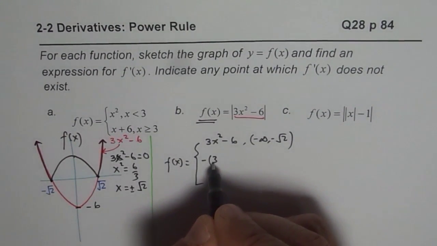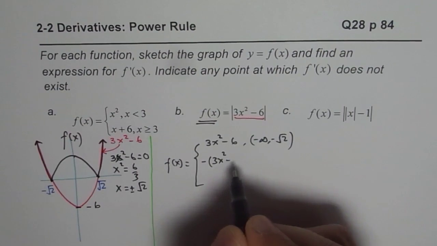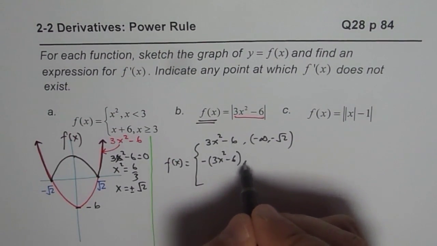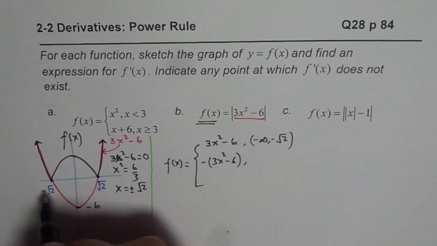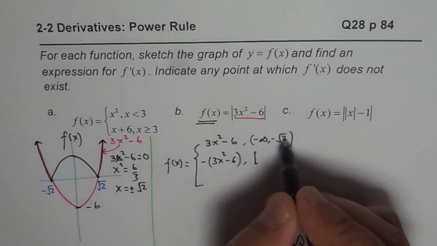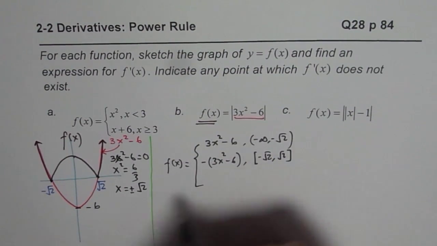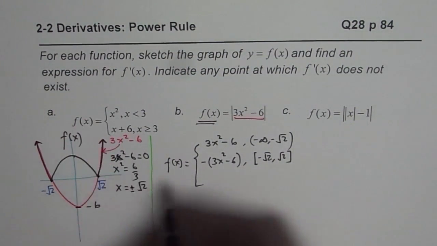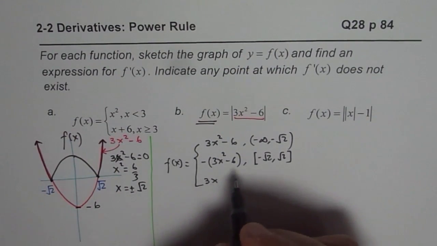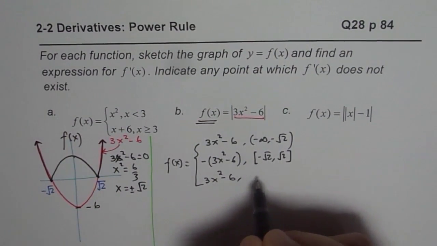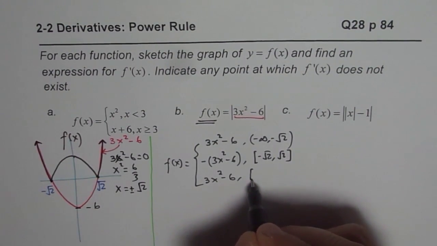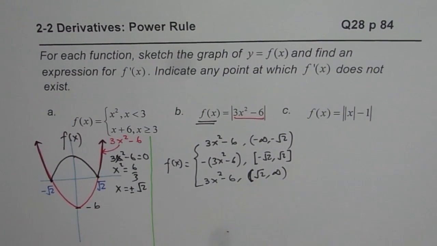So negative of 3x squared minus 6, and let me include these points in this part, right? So minus square root 2 to plus square root 2. However, it is the same as the function itself when it is greater than square root 2. So we'll write 3x squared minus 6 from square root 2, sorry, I should not include this point, to infinity, right? So that is how the function indeed is.